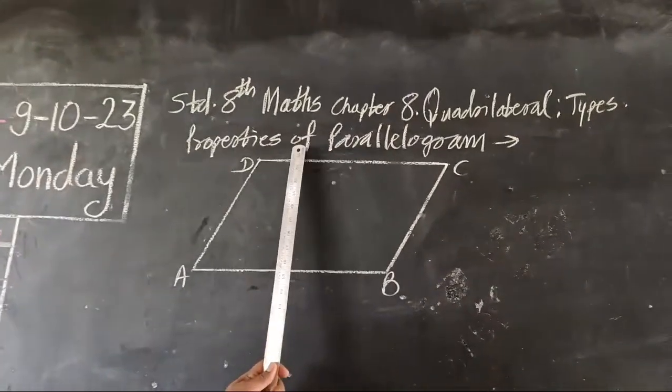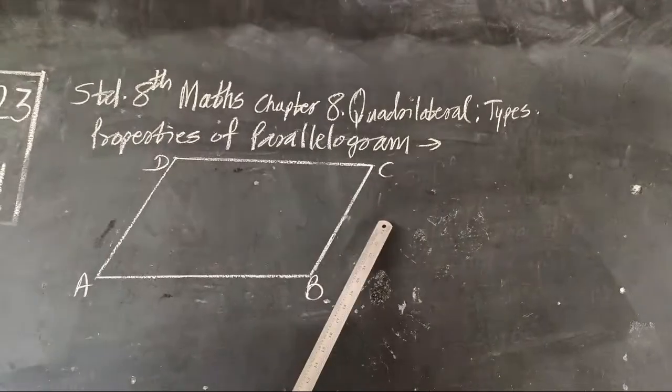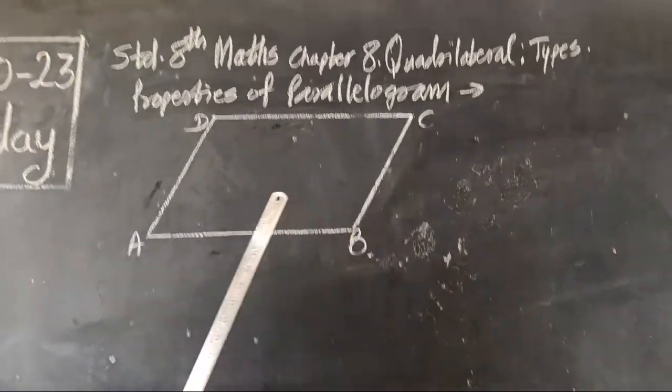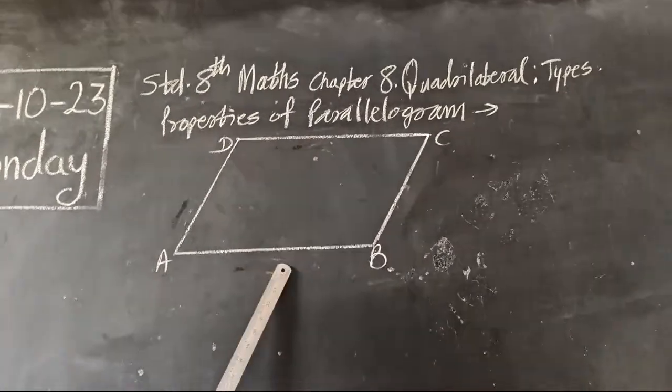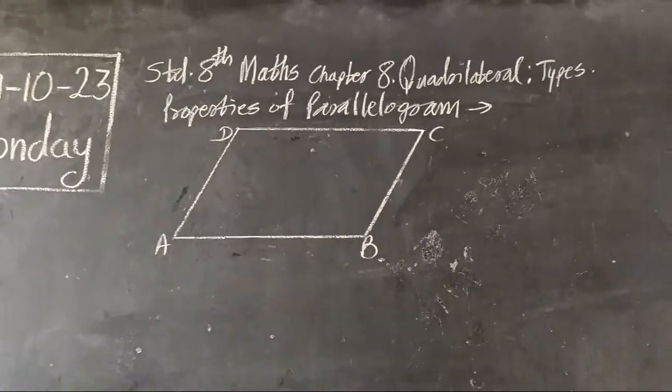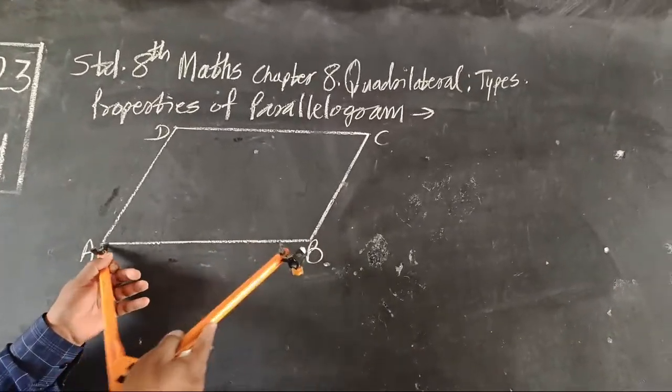Here we discuss the properties of a parallelogram. First property, for sides. Measure the length AB.